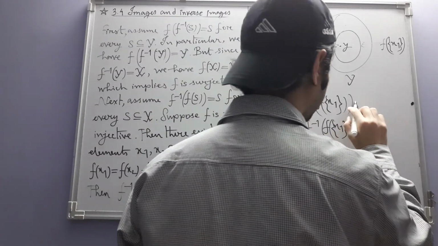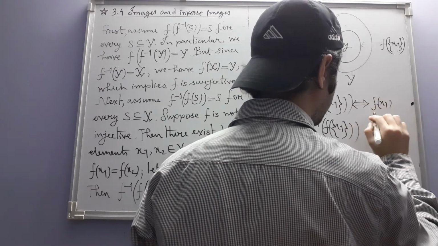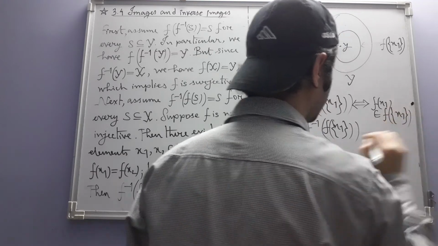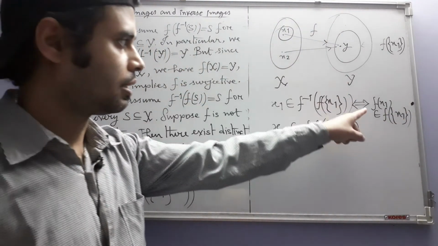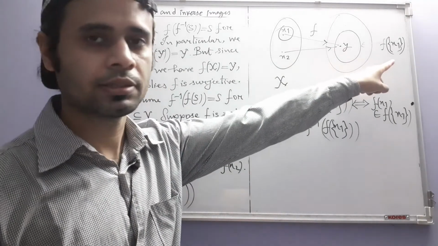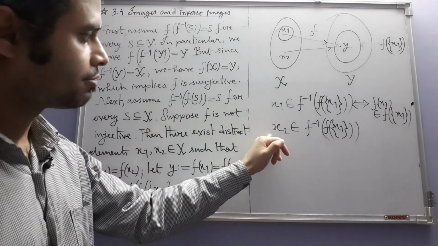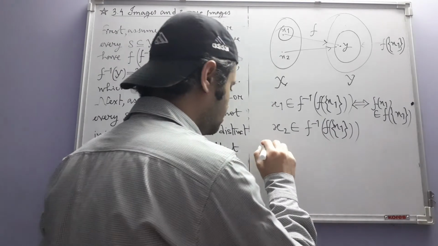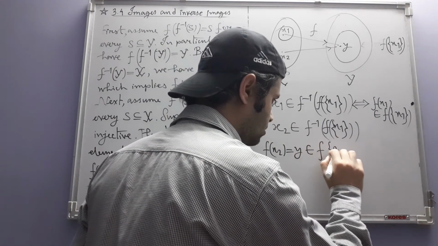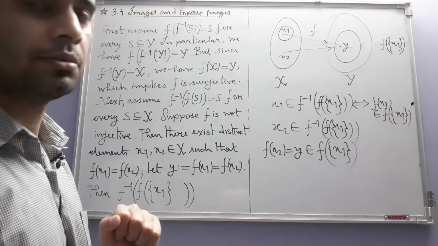Do you understand why the first one is true? Because f of x1 belongs to this, and f of x1 is nothing but y. So y belongs to this set. So that's why x1 belongs to this. But since f of x2 is also equal to y, and it also belongs to this set, x2 also belongs to the inverse image.